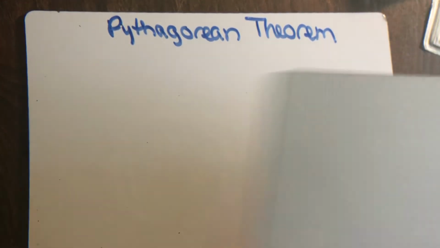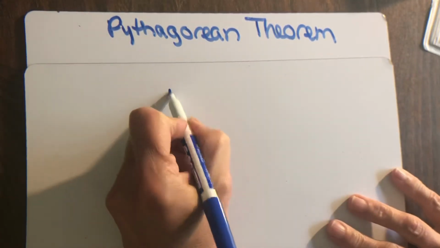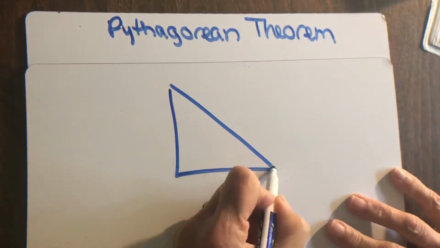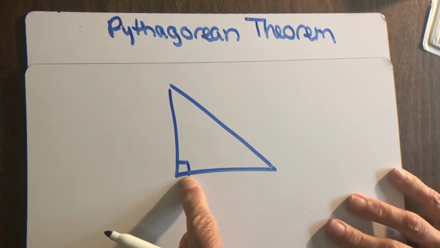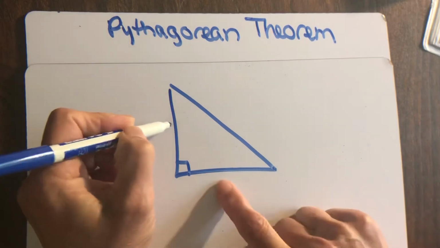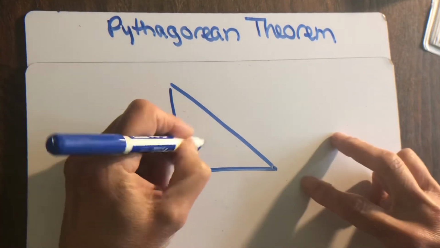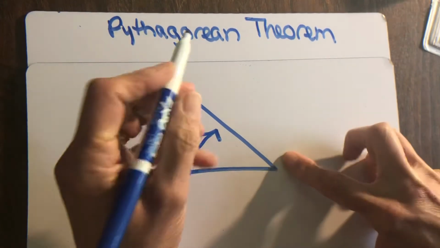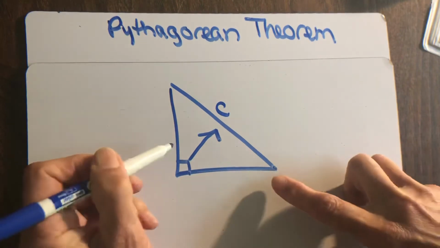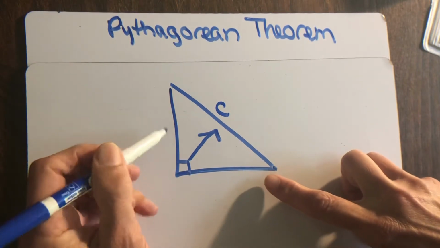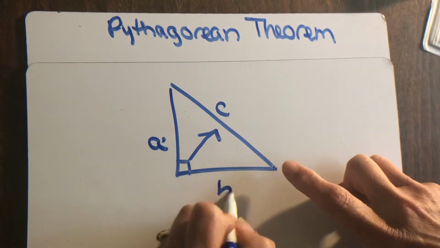What he basically did, let me just give you an overview, you don't have to write this down, is he figured out that when you're looking at a right triangle, remember what a right triangle is, if you want to know the length of the sides, the side opposite this right angle, which we call the hypotenuse, squared, is always the sum of these two sides squared.